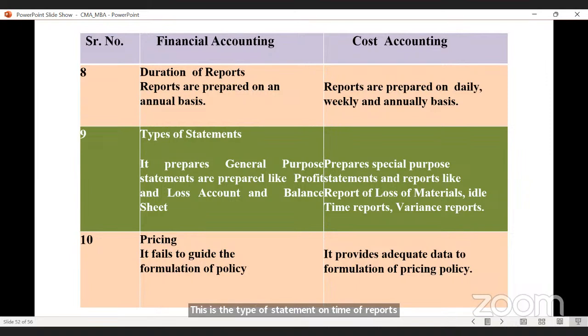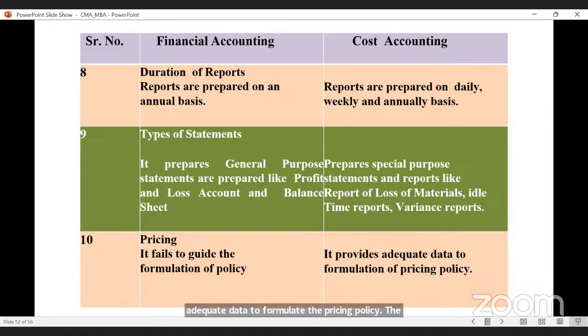Again, if you look at the pricing, financial accounting fails to guide the formulation of a policy. That means it fails to guide to formulate the price of any product or service. With the help of financial accounting information, we cannot fix the price of a product or price of any service. But cost accounting provides adequate data to formulate the pricing policy.